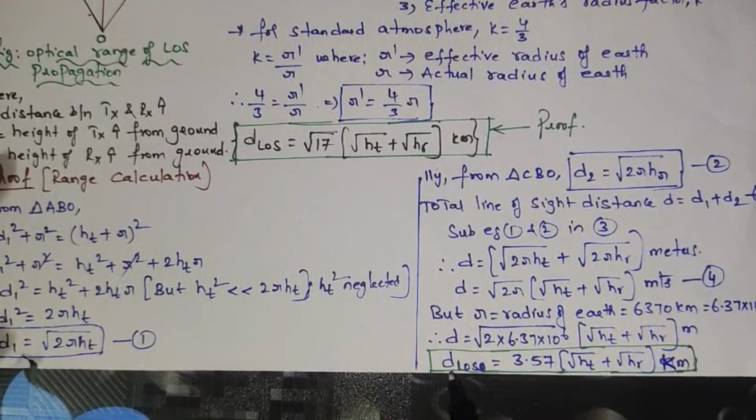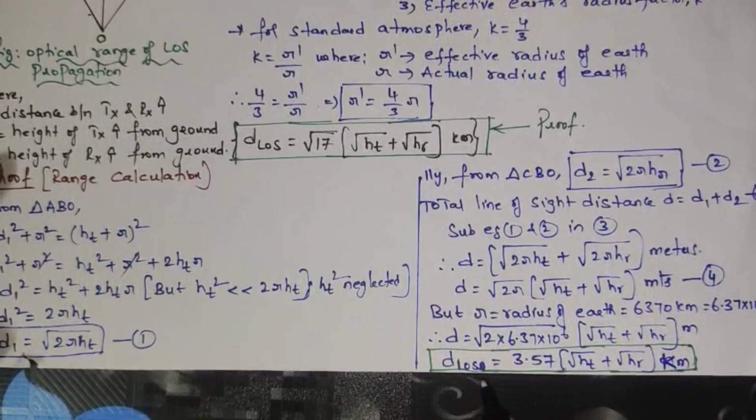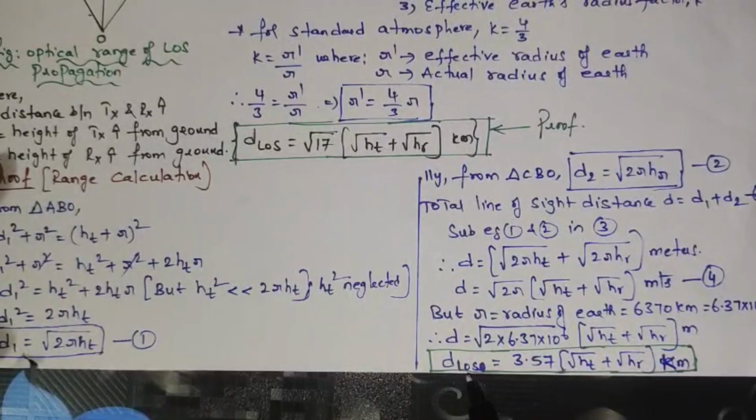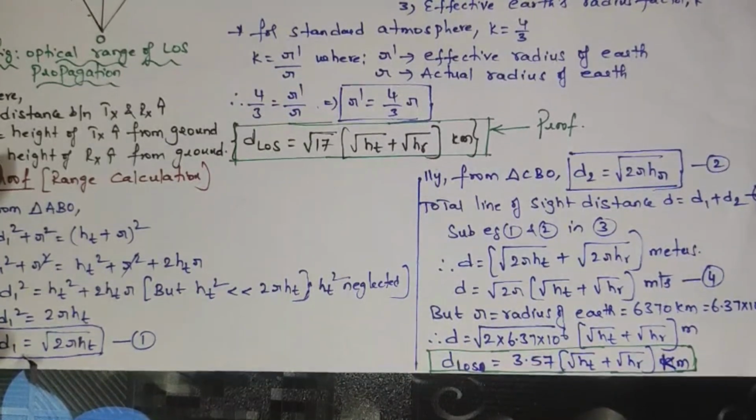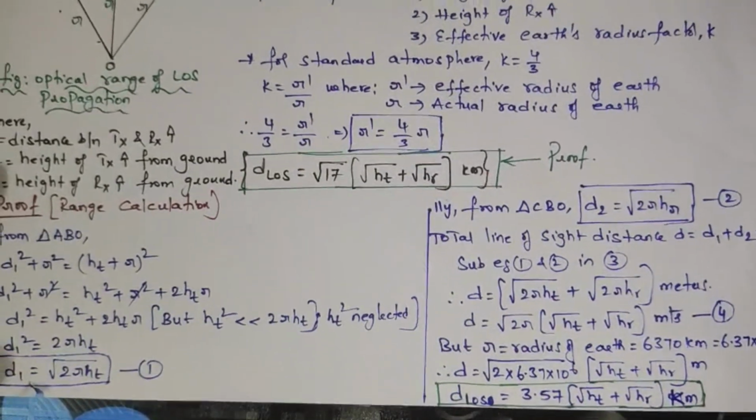Therefore, if you solve this, you will get the range of the entire line of sight, that is 3.57 into square root of HT plus square root of HR in kilometers. This is the concept of the line of sight distance.